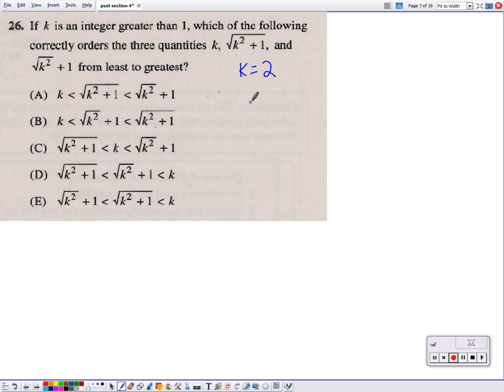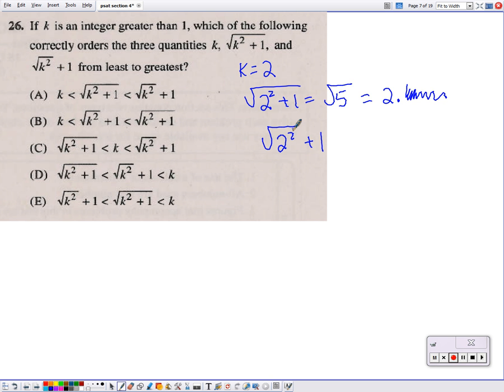I'm going to pick k is 2. So if k is 2, that gives me the square root of 2 squared plus 1, which is the square root of 5. And I know that the square root of 5 is 2 point something, because it's a little bigger than the square root of 4, which is 2. Then the square root of k squared plus 1.